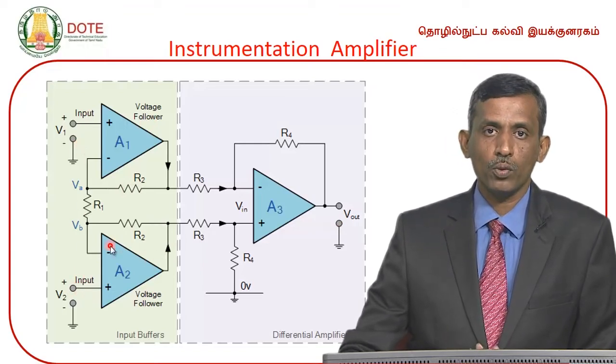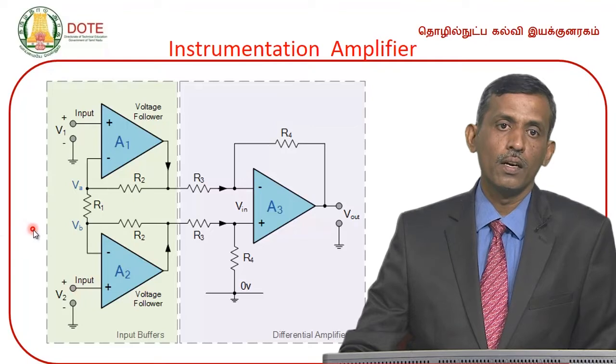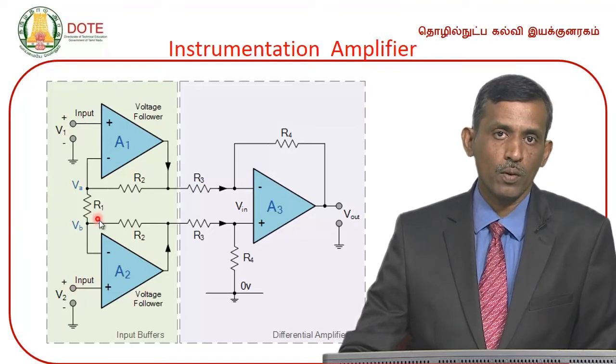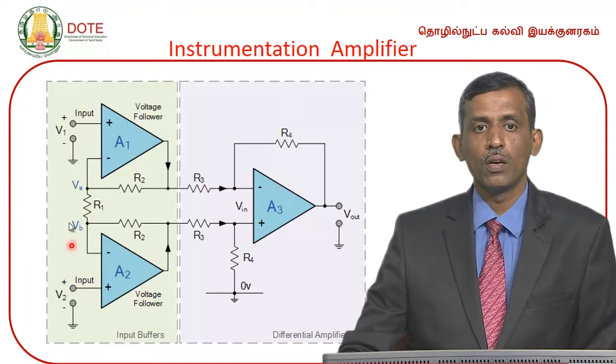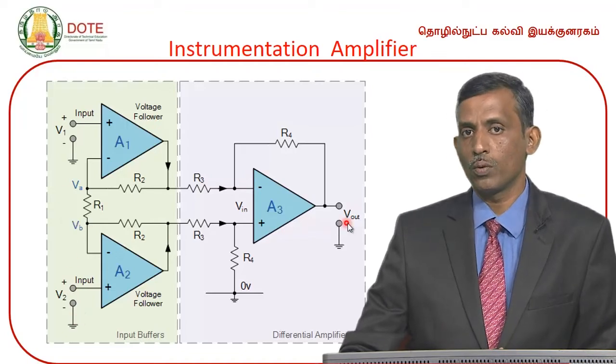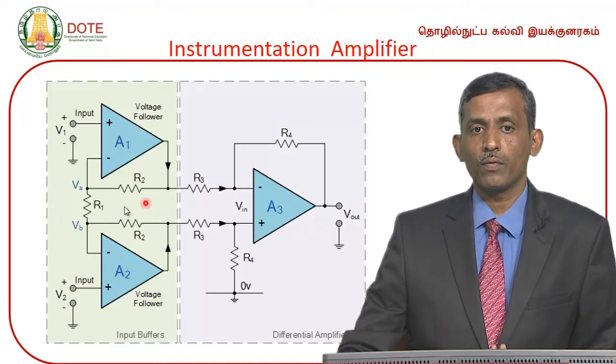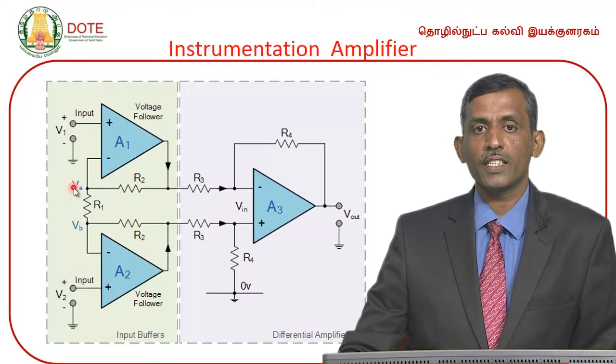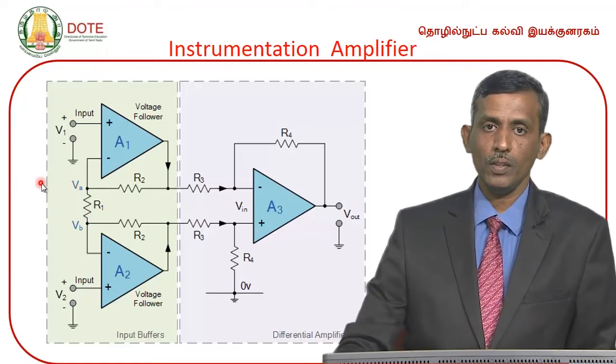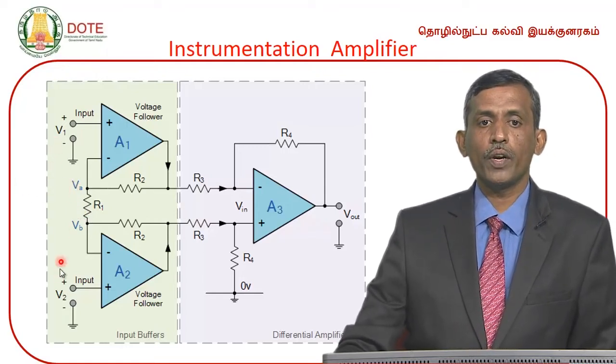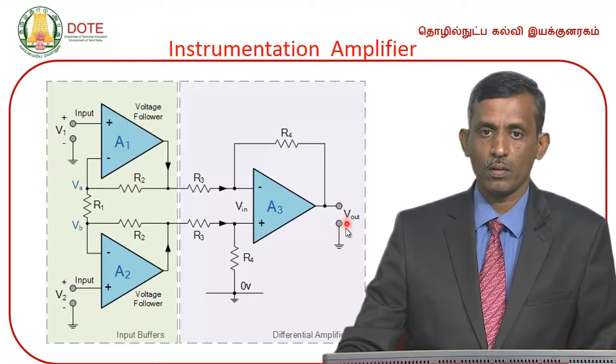The circuit should reject the common mode voltage, so that it should accept only the differential voltage. What is the difference? 0. V1 2 volt, V2 2 volt, difference 0 volt. So, the output is also 0. So, it rejects the common mode voltage. So, when V1 equal to V2, the output is 0.